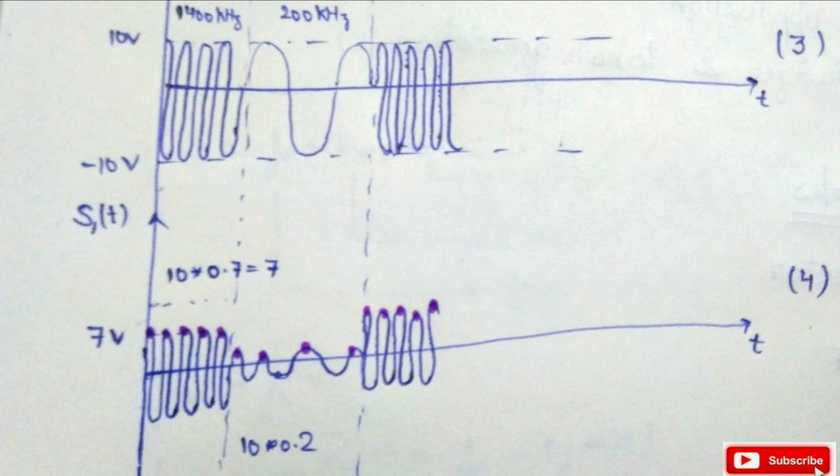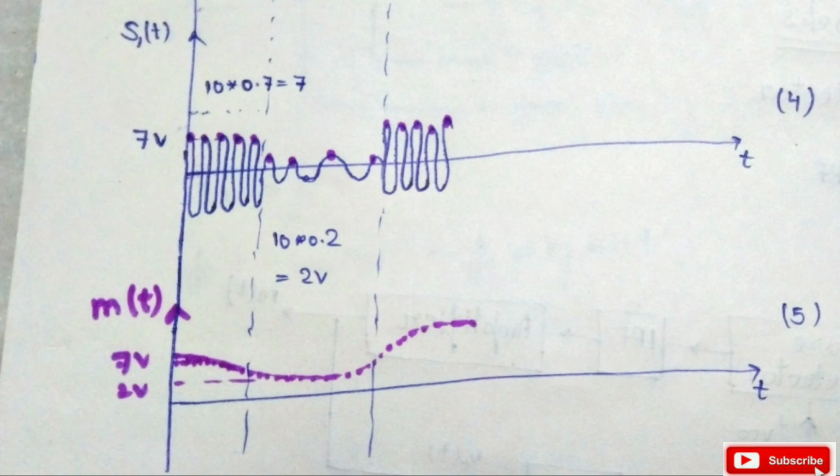Our resultant signal after the envelope detector is shown in figure 5. This pink line is detected by the envelope detector, or the positive peaks of our resultant signal that is passed through the frequency selective circuit. And in this manner we recover our message signal from the frequency modulated signal.